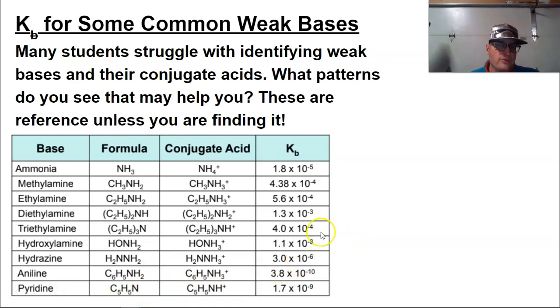Now, looking at our Kbs, right? If we have a large Kb here, that means there's a lot of hydroxide in solution. So a lot of hydroxide in solution means less hydronium. So this one is a stronger base than this one is.